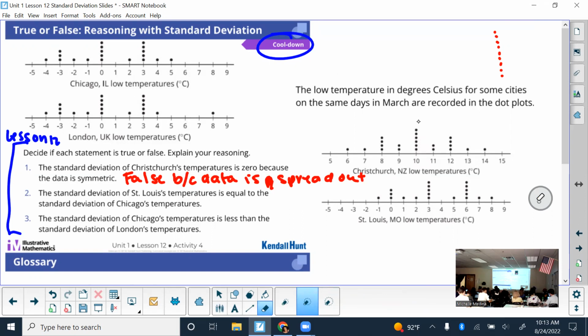What about number 2? The standard deviation of St. Louis's temperatures is equal to the standard deviation of Chicago's temperatures. So looking at this one and that one. I think I heard both answers. Anyone else care to chime in?